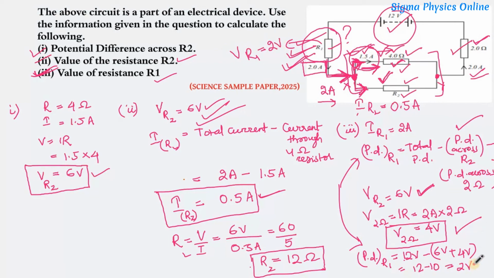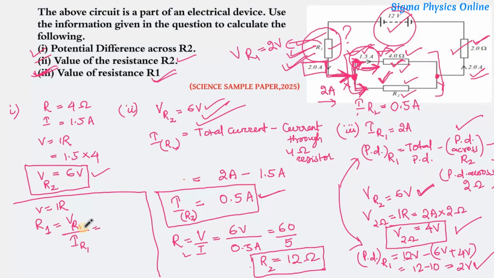Now that we have the potential difference, let's find out the value of this resistor. From Ohm's law, V is equal to IR. Here we have to find out R1. R1 is V R1 by I across the resistance R1.